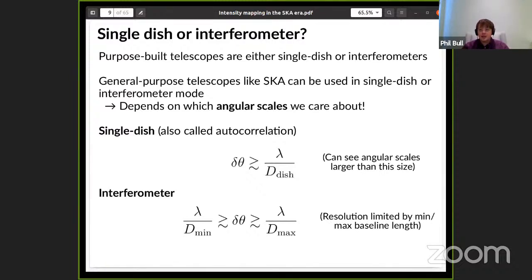So your resolution is limited between these two limits. But in general, by just moving your dishes further apart, you can make d max very large, and so you can get a very high angular resolution, high enough to do things like what the Event Horizon Telescope did recently, which was to image the accretion disk around a black hole in a nearby galaxy, which requires fantastically high angular resolution. The point is you choose by deciding where to put your dishes.